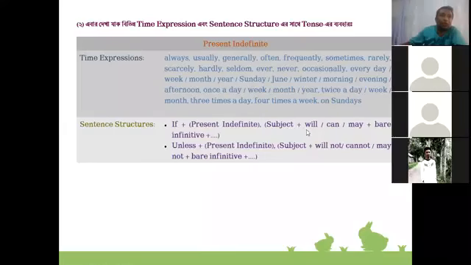In the future indefinite tense, we can replace will with can and may also. In the negative structure, we use unless in place of if. Both have the same structure but a different meaning.